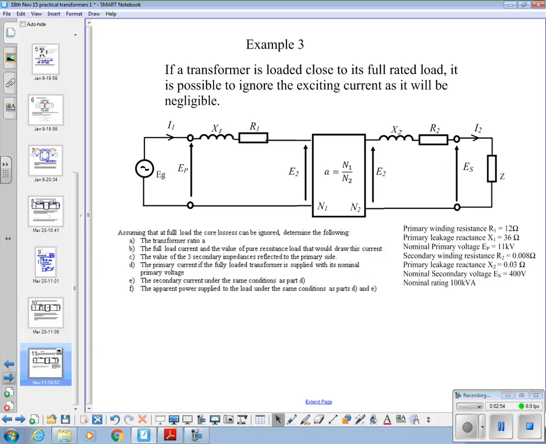Okay? So the first thing being asked to find in this problem is the transformer ratio. How can we find that from the data we've been given?